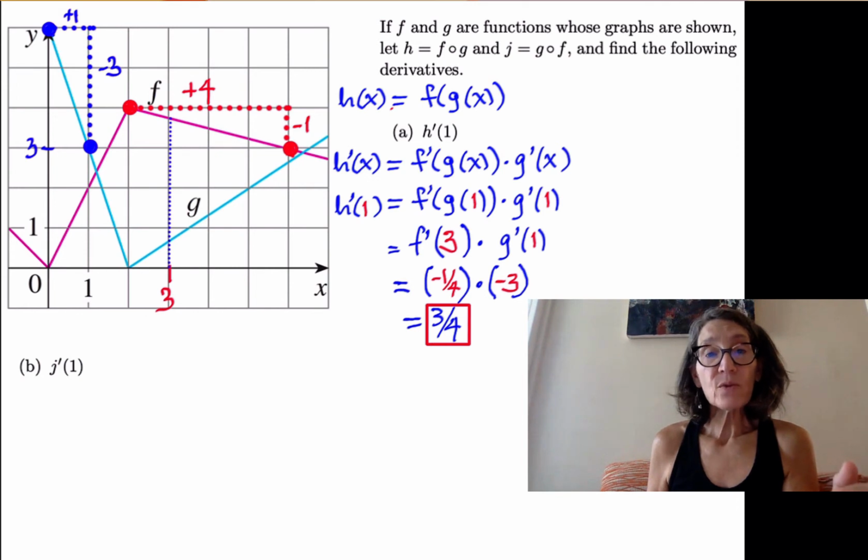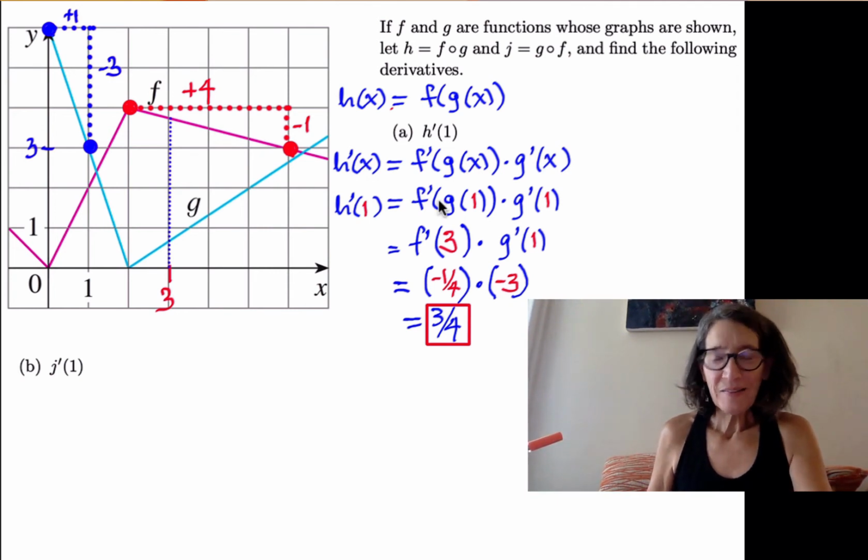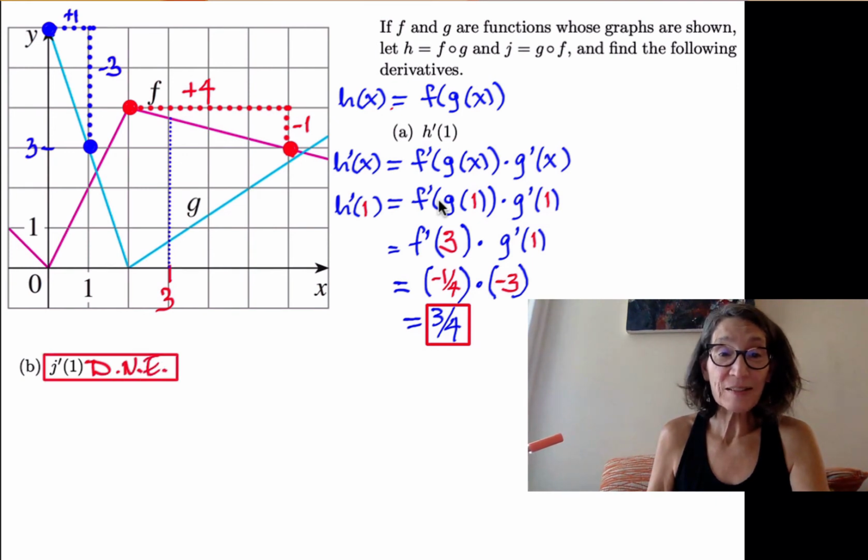Use the chain rule to differentiate J of X to get J prime of X. Plug in 1 to get an expression for J prime of 1, and then use the graphs to calculate the derivative of J at X equals 1. All right, so I hope you got the correct answer. The correct answer was that J prime of 1 doesn't even exist.